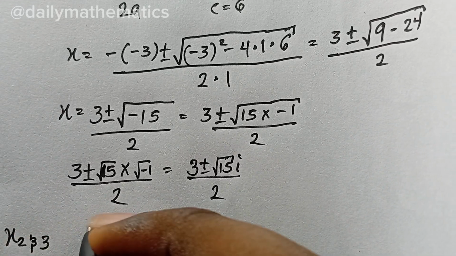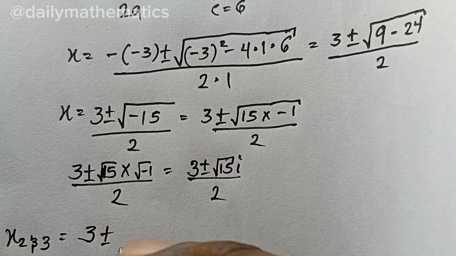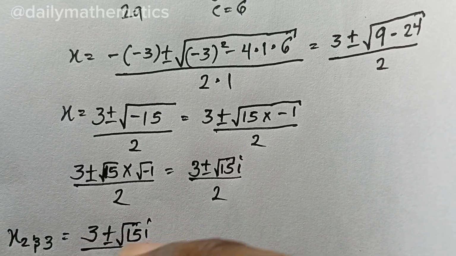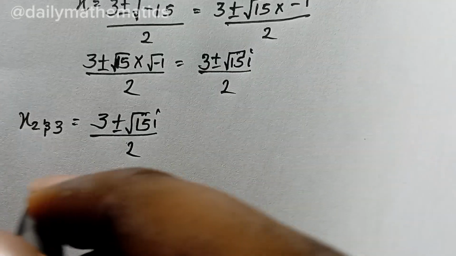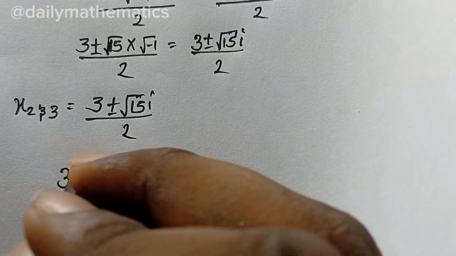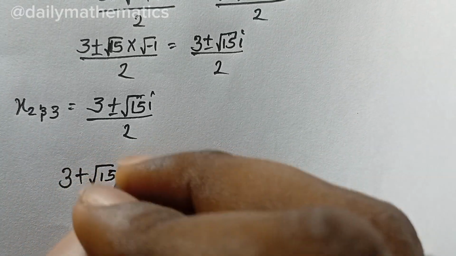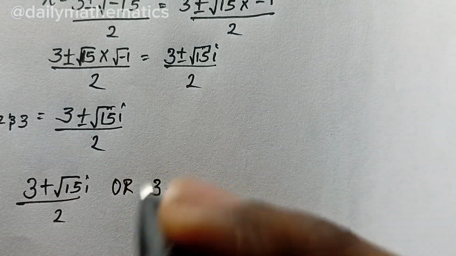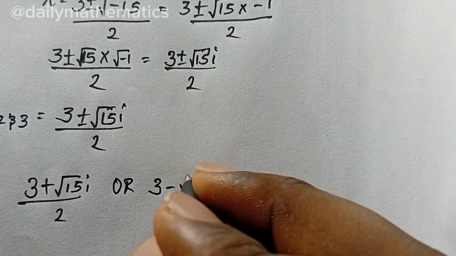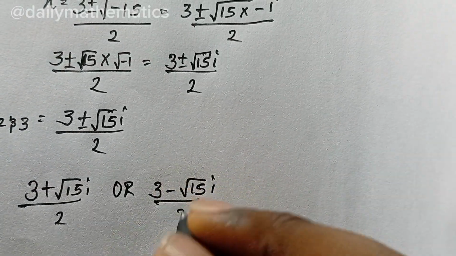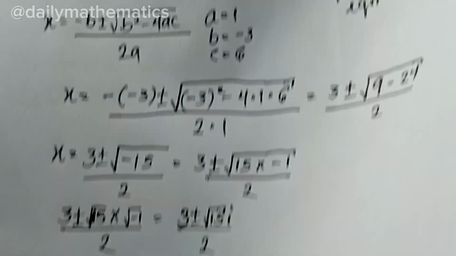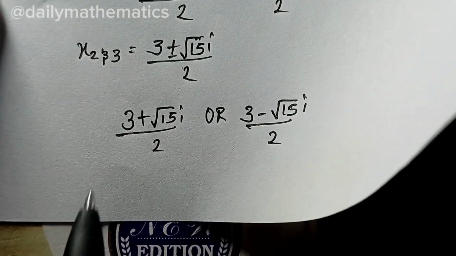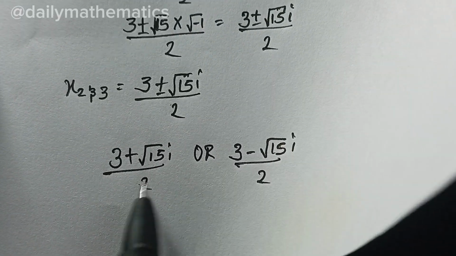So here we have 3 plus or minus square root of 15 i over 2. So our values will be 3 plus square root of 15 i over 2 and 3 minus square root of 15 i over 2. So the value of x, we have x1, that's x equals minus 2, and we have the last values of x, that's this and this.